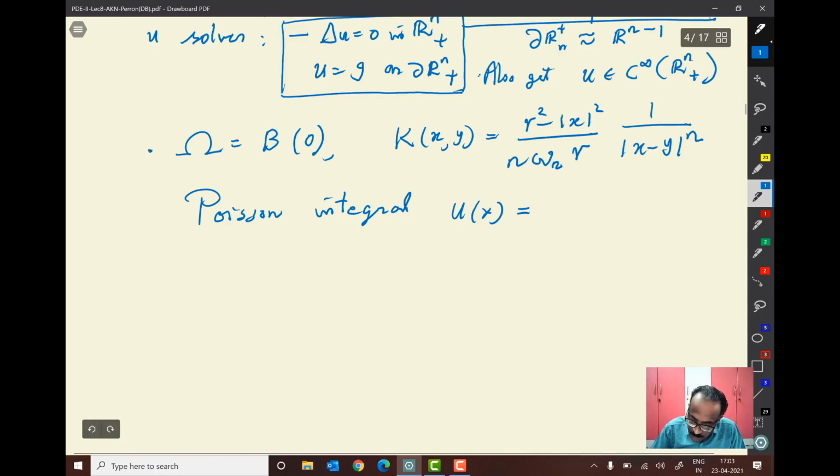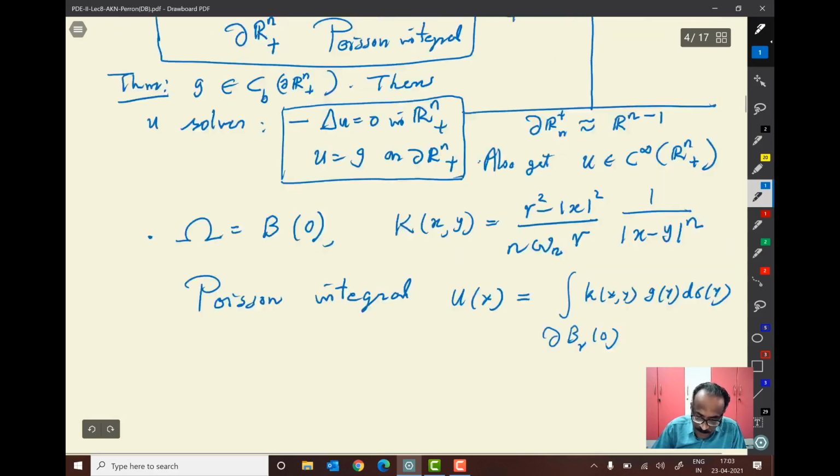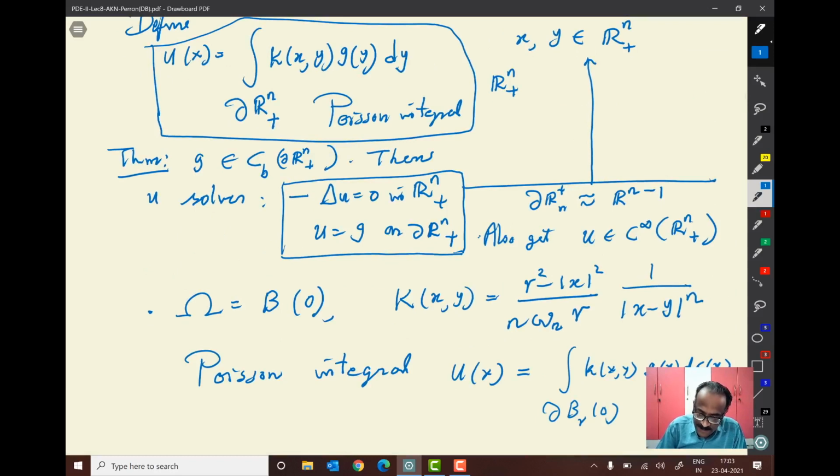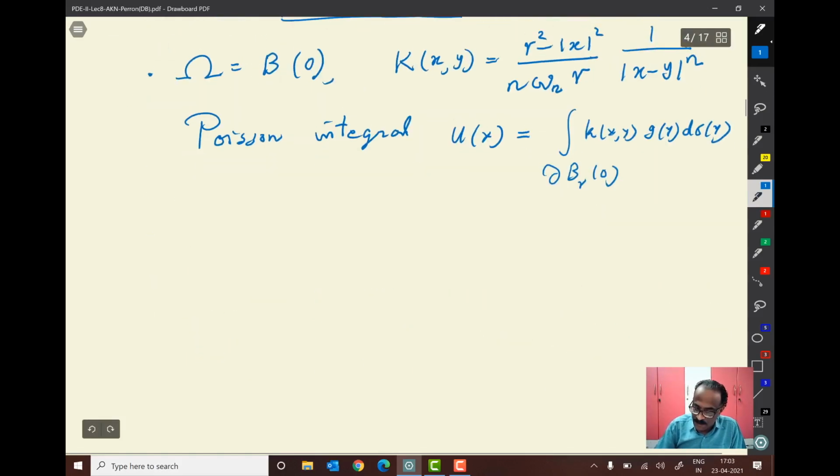You can define u(x) on the boundary of the ball of radius r: the integral over the boundary of the ball of K(x,y) g(y) d sigma y. Here also d sigma y on the boundary, but in the half space case you get it as dy prime, because it's a flat Rn minus 1, so you can combine what is Rn plus.